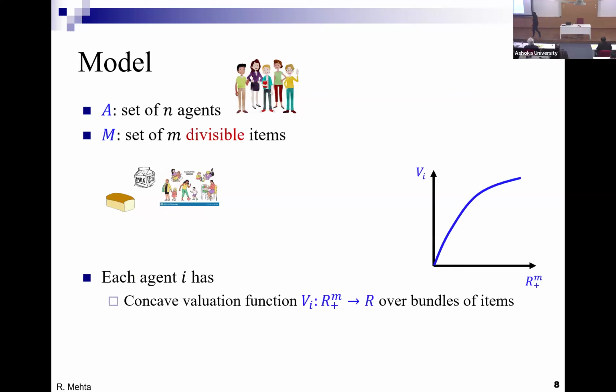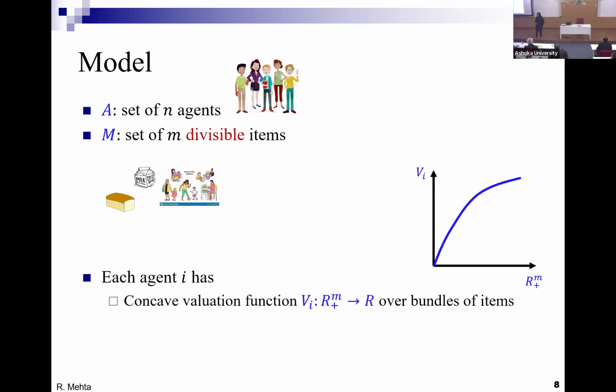And finally, agents have preferences over these items. And the preferences are typically defined through concave functions in the economics literature. Okay? And why concavity? Concavity captures decreasing marginal return. What do I mean by decreasing marginal return? It's like this. Suppose we go to have an ice cream.